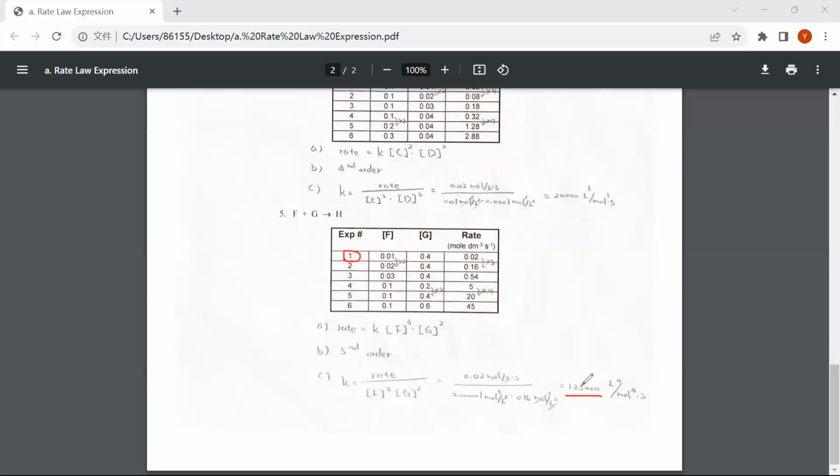And when we plug in all the units, remember our units also have to be powered. So in this case, it's 3 and 2 for the powers. So we will cancel out the units from the numerator and denominator to give us the final units of k.